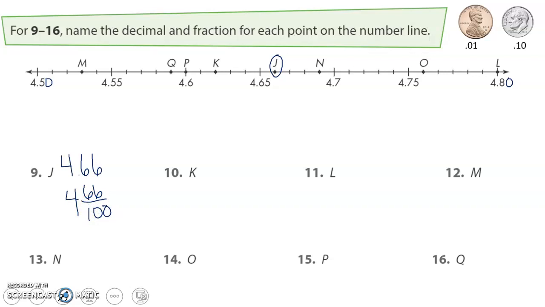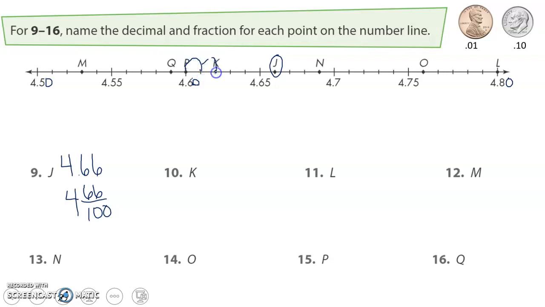Okay, now looking at K. I have to figure out what the value of K is. So I'm kind of going to look back a little bit. I look at where the P is. I'm going to squeeze in that 0 there also. So now this to me looks like it's 4 60/100. So if that's 4 60/100, this here is 4 61/100.